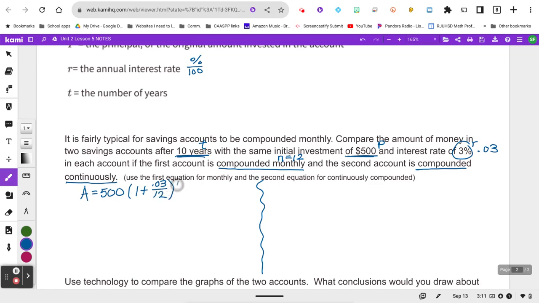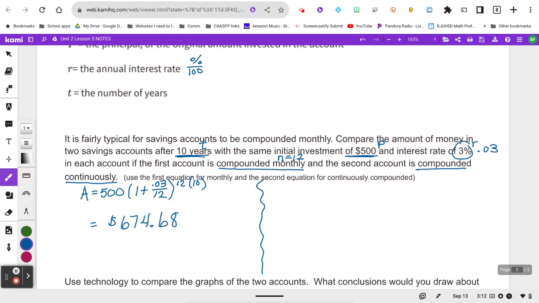And then we're going to raise it to our N value times our number of years. And you put it into the calculator, and you get this amount of money, $674.68. Not too bad. That's if you just left it alone and didn't put any extra money.